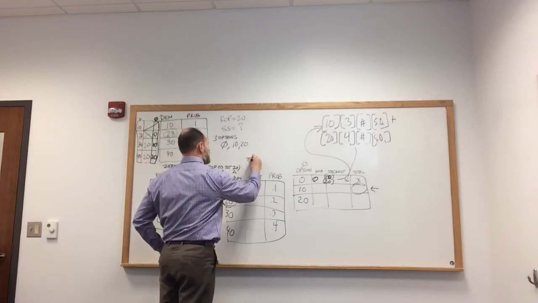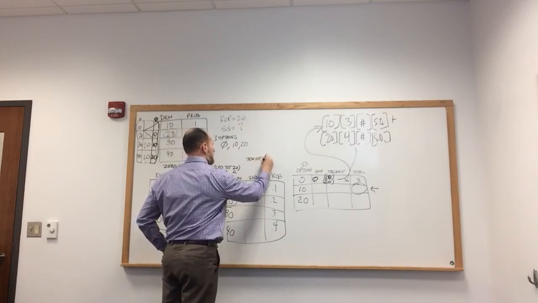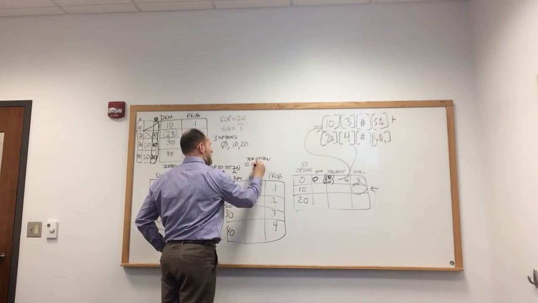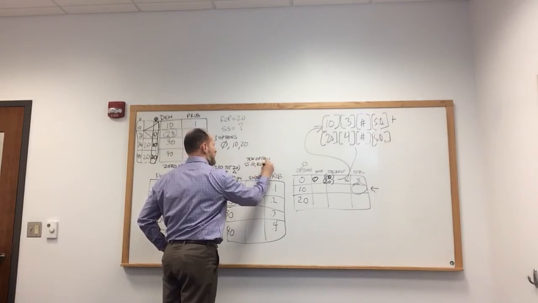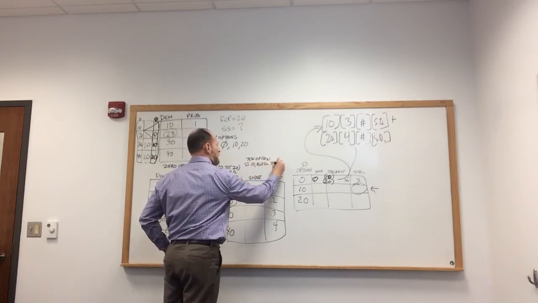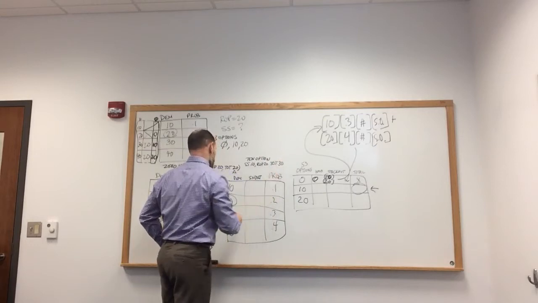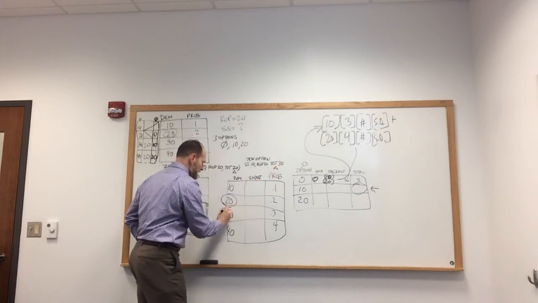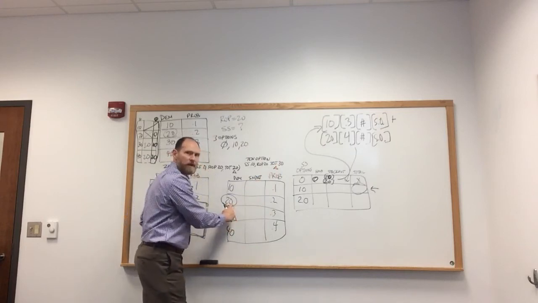This is the 10 option, and the 10 option is defined because it's a safety stock of 10, an ROP of 20 for a total of 30.